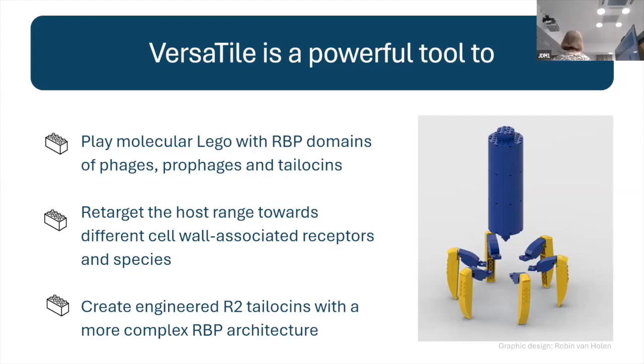We can retarget the host range toward different cell wall receptors and species, and we can also create more complex RBP architectures, because now we selected only 1 scaffold, but the larger your box of Lego blocks is, the more creations you can make.